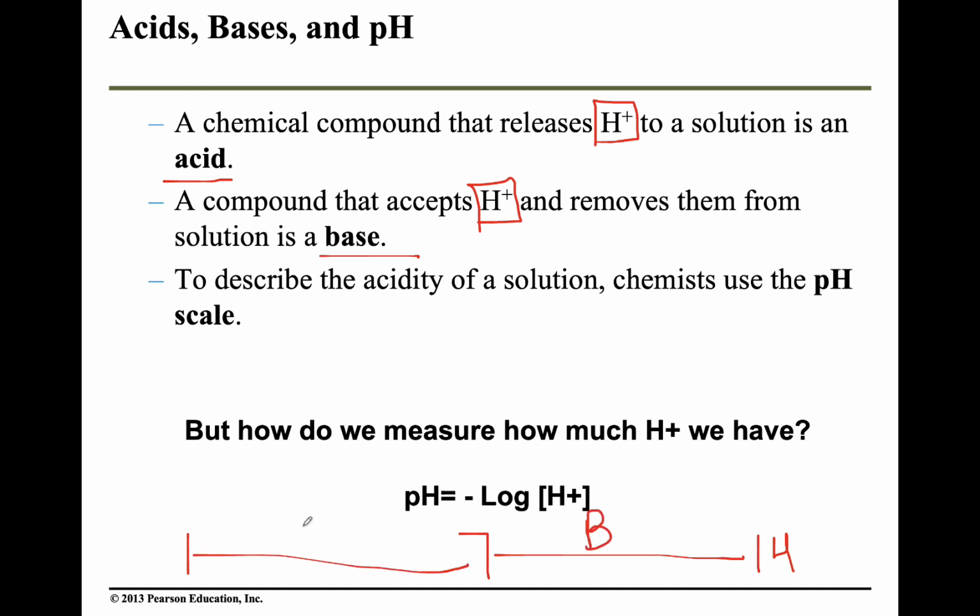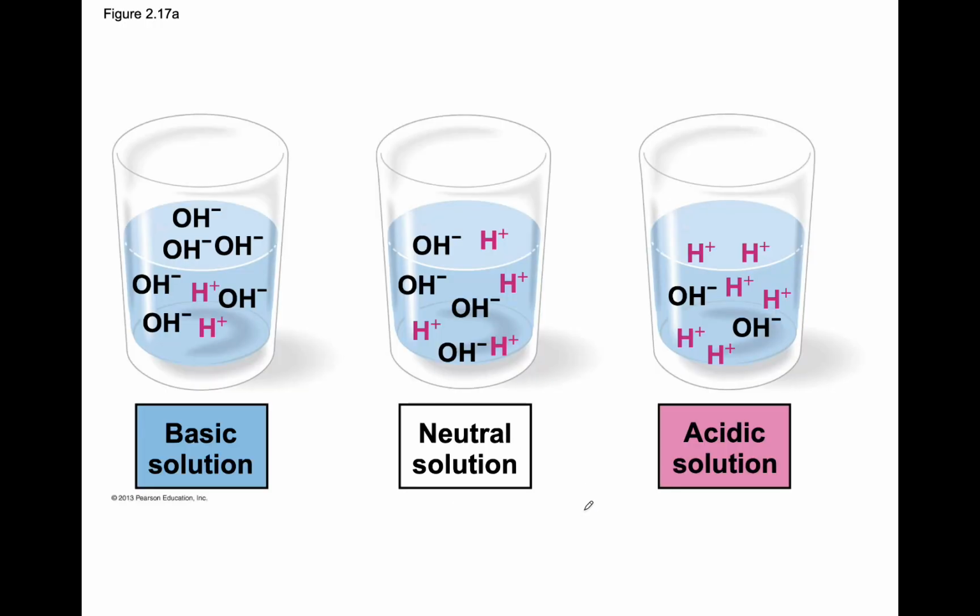Anything between 1 and 7 is acidic on the pH scale. 7 is our neutral value. So to determine the pH, you need to get on your calculator, and you are allowed to use a scientific calculator, and take the negative log of the proton concentration, which I will give you. So we do have an example problem coming up, so just give us one moment.